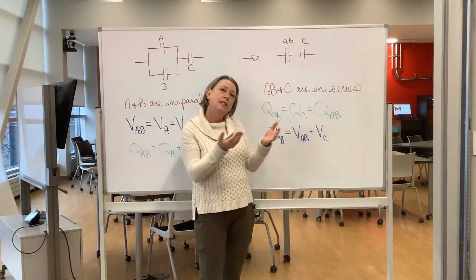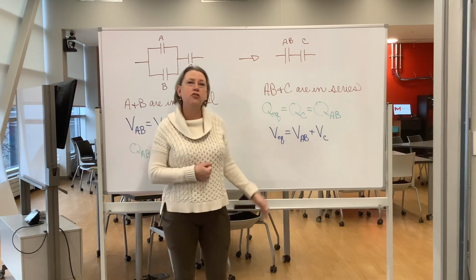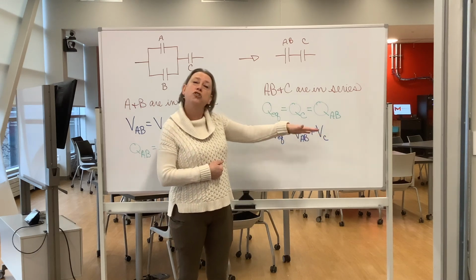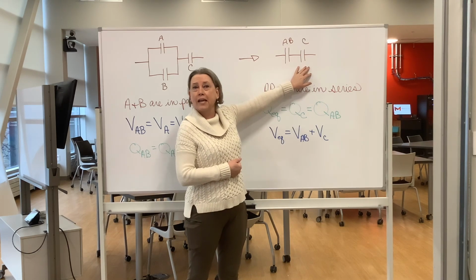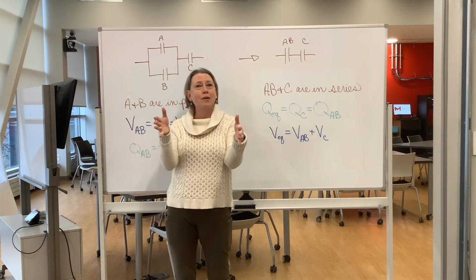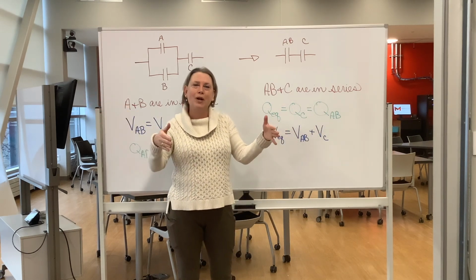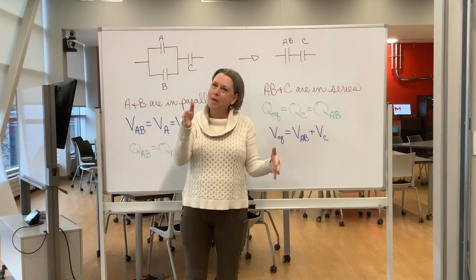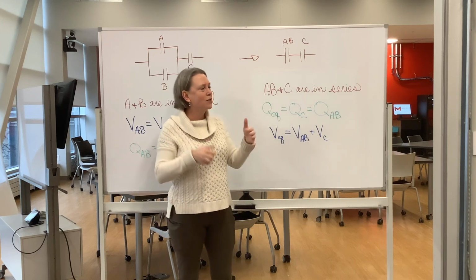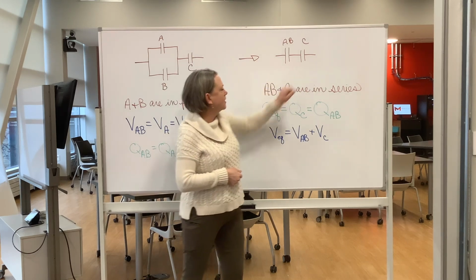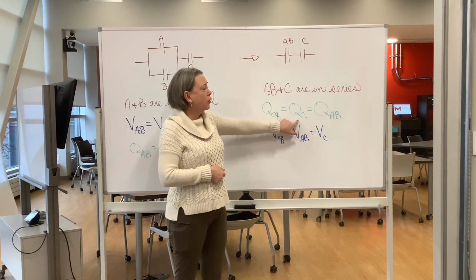One way to remember this might be that if you think about current flowing through a branch, the same charge has to go across this one as across this one. It's like a river. If you have two points on a river and there are no branches, no other ways for the water to go, if a certain amount of water goes across this spot, the same amount of water has to go across another spot. So the charge is the same on AB, so QAB is QC.